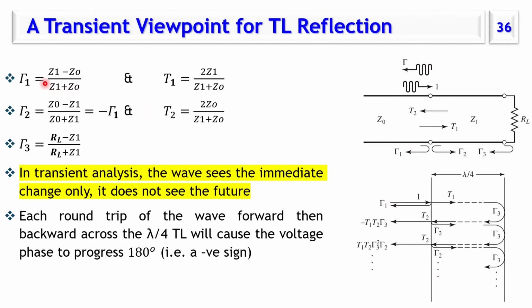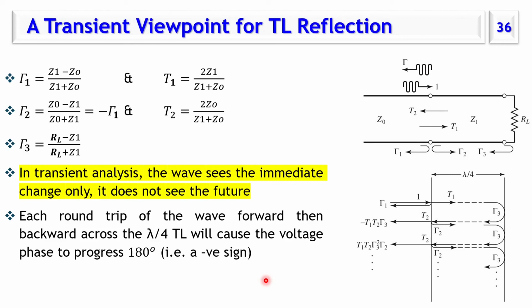We can calculate gamma 1, gamma 2, gamma 3, transmission 1, transmission 2, and do the math. We'll find out the total reflection coefficient, the total signal that we see here after a large number, like 5-6 times of going back and forth, will be converging to the reflection coefficient that we calculated for the steady state.